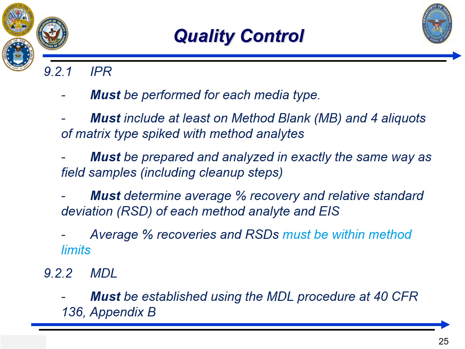They must be prepared and analyzed in exactly the same manner as the field samples, including all of the cleanup steps. And you must determine the average % recovery and relative standard deviations for each method analyte and EIS. The average % recoveries and RSDs must be within the method limits. That's what the method states.